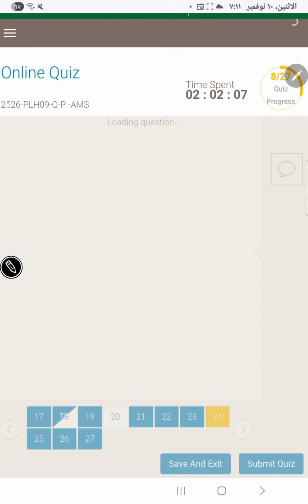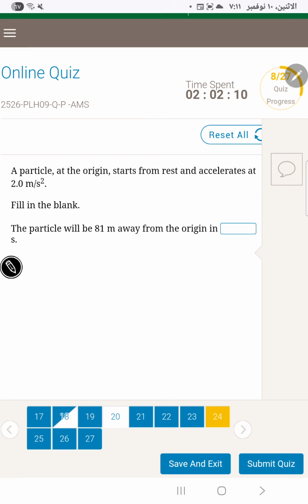Now, number 24: a particle at the origin starts from rest and accelerates at 2 meters per second squared. The particle will be 81 meters away from the origin in what time? Here you are given the acceleration and the distance.